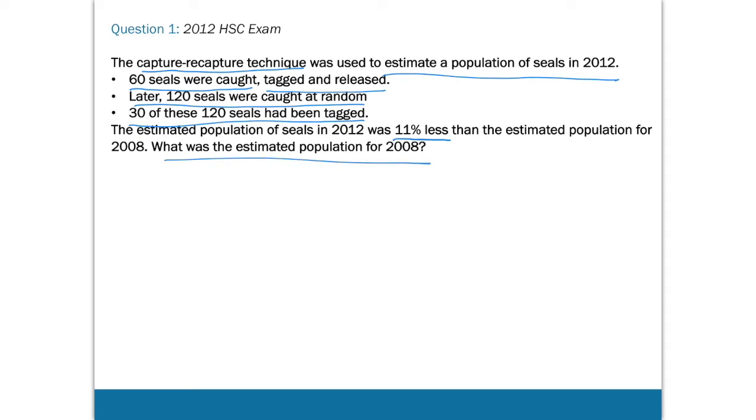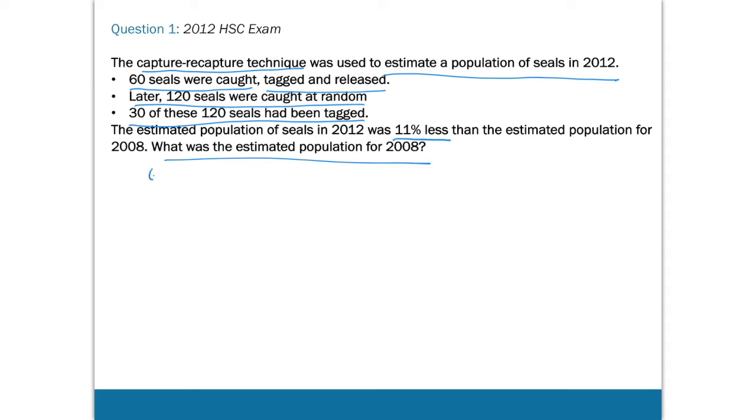All right, so the first thing we're going to do is write out what our estimated 2012 population was and find that out. So we know that in the question it says the estimated population of seals in 2012 was 11% less than the estimated population for 2008. So we need to find 2008, but first we need to find what 2012 was in order to work out what 2008 was.